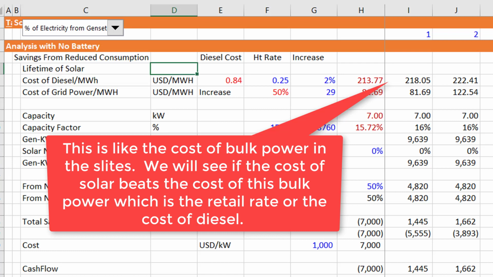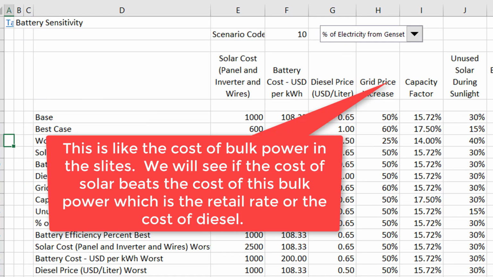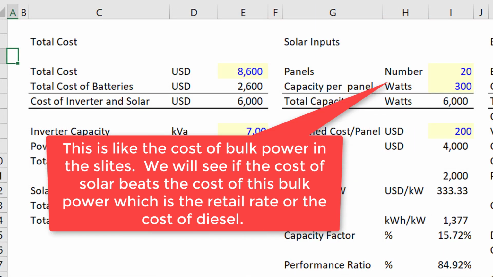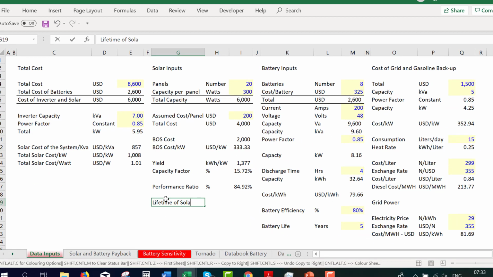Okay, and I'm going to make another assumption here. 25 years seems to be a long time, but it's not that long. So again, Control Alt C.